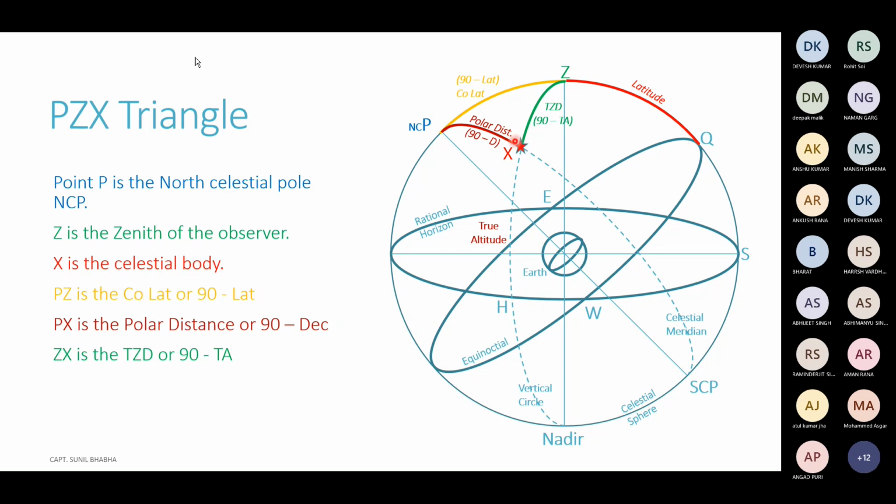So you can see the PZX triangle here represented. P to Z is 90 minus latitude or co-latitude. Z to X is the true zenith distance or 90 minus true altitude. And P to X is the polar distance of the body, in this case 90 minus declination.